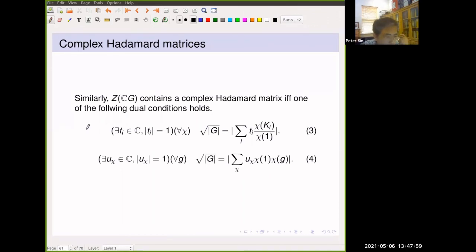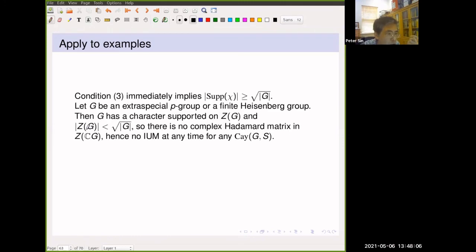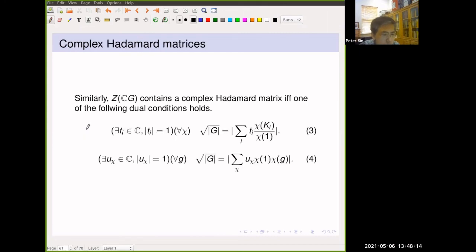Now I want to apply these conditions to some examples. First of all, condition 3 immediately implies that the support of chi is greater than or equal to the square root of g. Let's go back to condition 3.